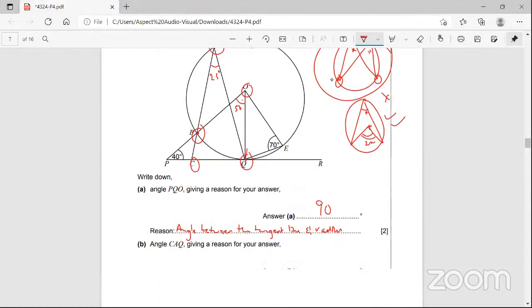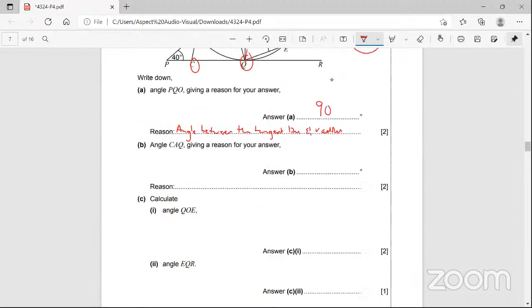And your reason will be, what will your reason be? Okay, because it's an inscribed angle, right? So what you say is angle at the circumference.